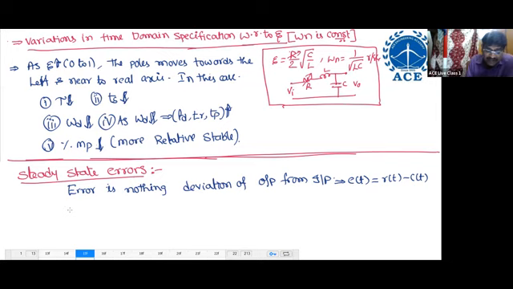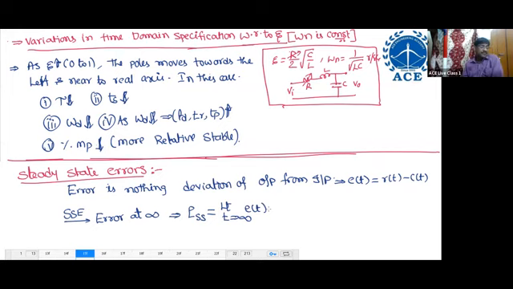Steady state error is the error at t tends to infinity, denoted as ESS, equal to limit t tends to infinity E of t.